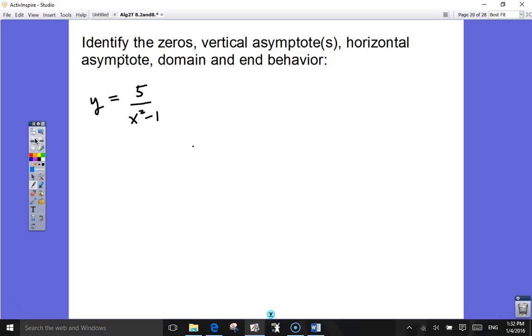Why does it say vertical asymptote with an S possible at the end and a horizontal asymptote? If you put an S, it means you could have more than one. Can you have more than one vertical asymptote on a graph? The answer is yes. Could you have more than one horizontal asymptote, meaning two values that the graph is approaching as x approaches infinity?